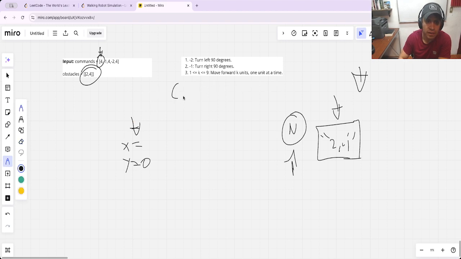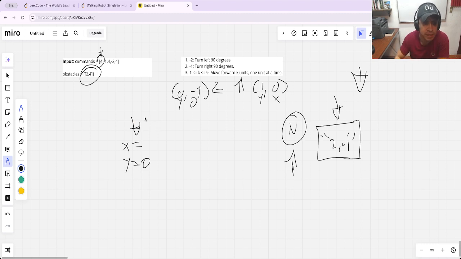For the left it is 0 and -1. For looking north or up it is 1 and 0, because in graphs I handle the first as y and the next as x. Yeah, we can use this. It's an array or a matrix.